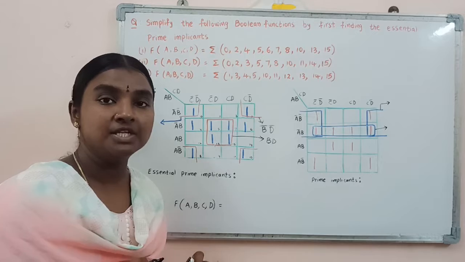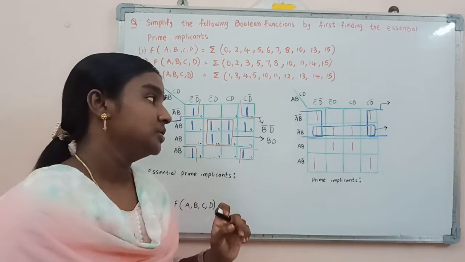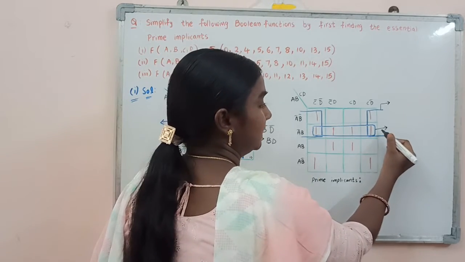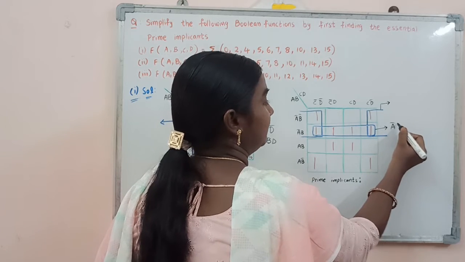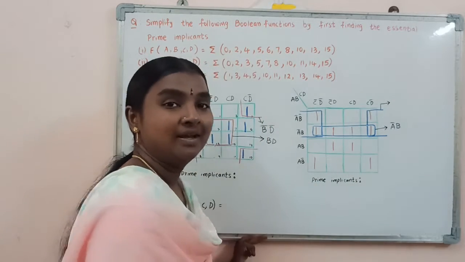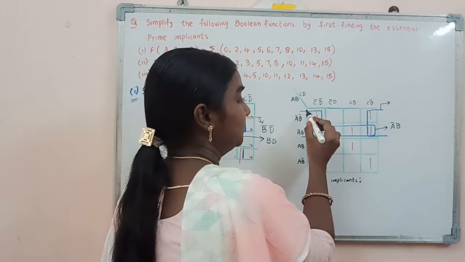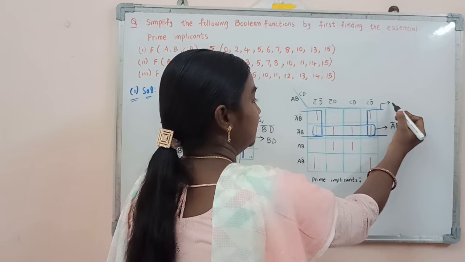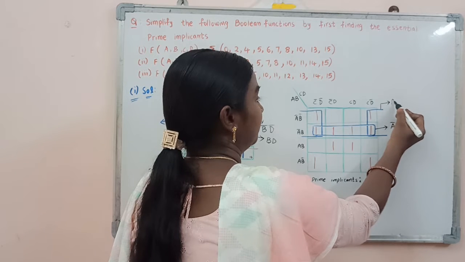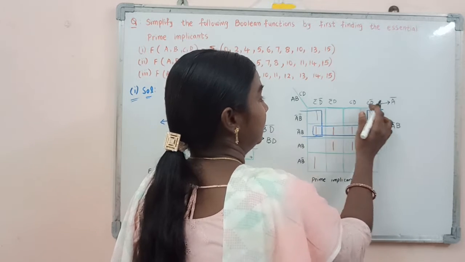Here we need to consider only one group. So, if we write the prime implicant for these four ones, it will be equal to A bar and B. Now coming to this group, if you want to write the product term, it will be equal to A bar and B bar.